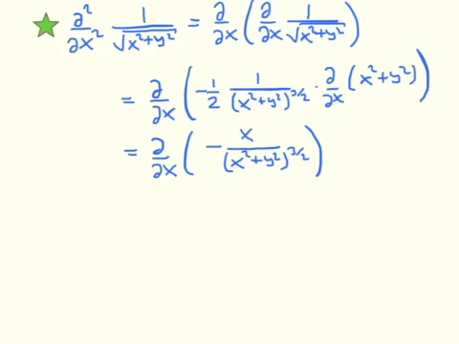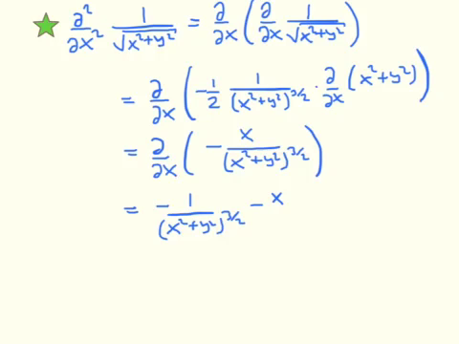So this is going to give us, there's an overall minus sign, so minus times 1 over x squared plus y squared all to the 3/2. And then for the next term we have minus x multiplying the derivative with respect to x of x squared plus y squared all to the power of minus 3/2, minus because it's in the denominator. So if we're differentiating this, we bring the power of minus 3/2 down.